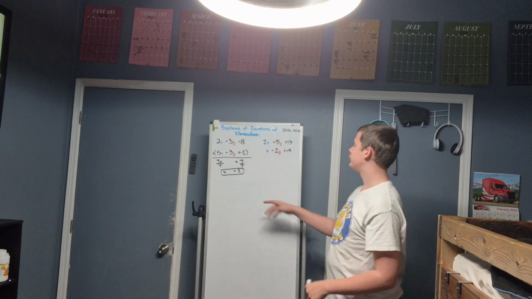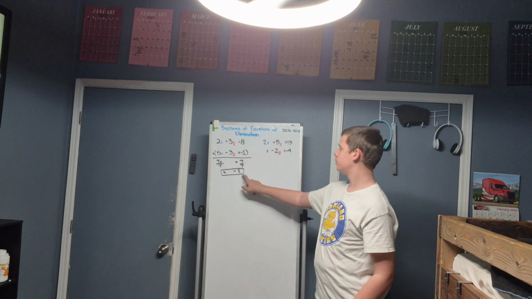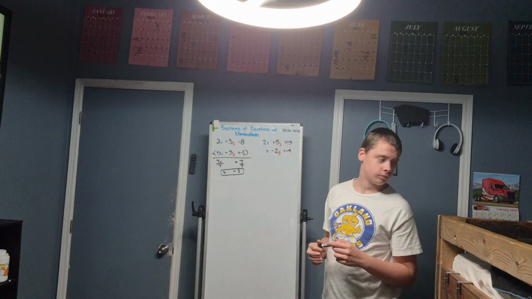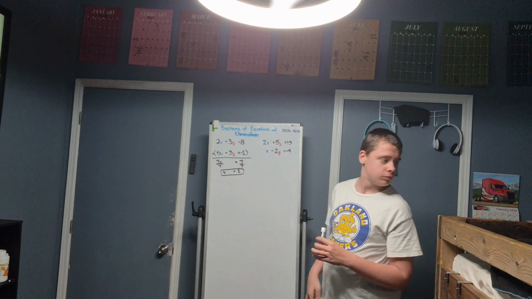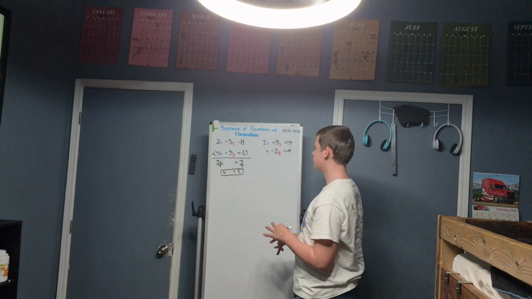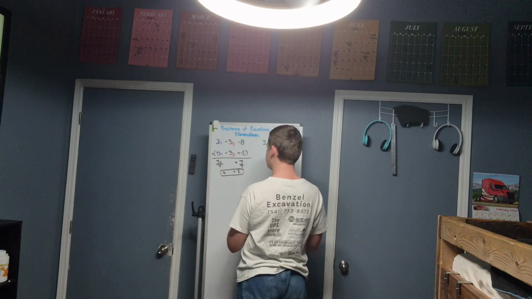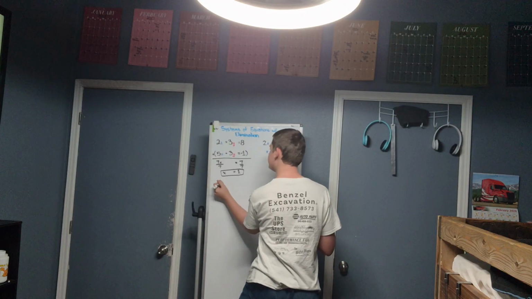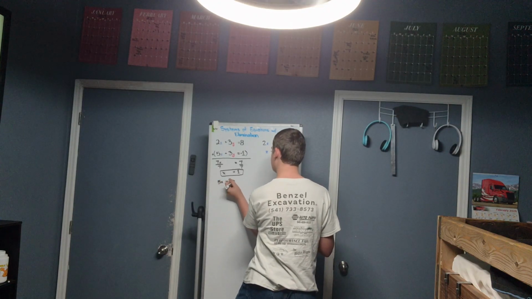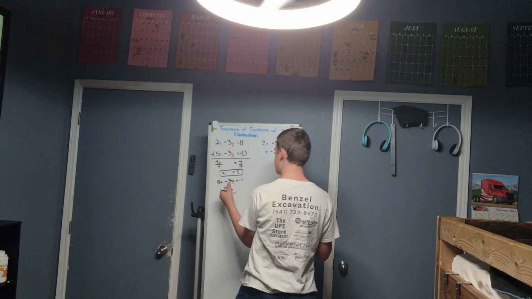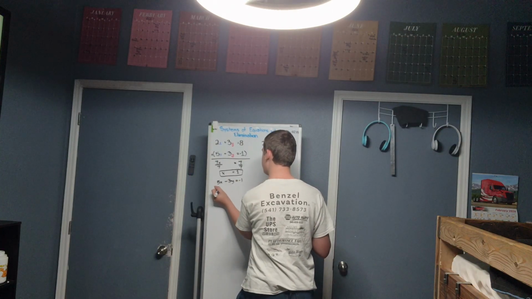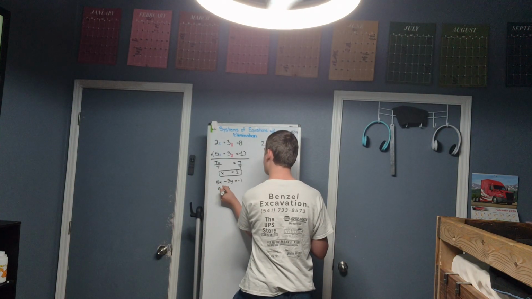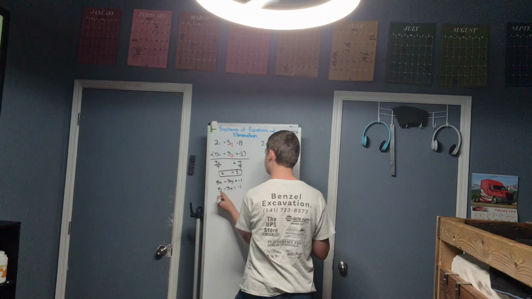So now we're going to replace x. We're going to use the second equation, 5x minus 3y equals negative 1. X is 1, so we have 5 minus 3y equals negative 1.